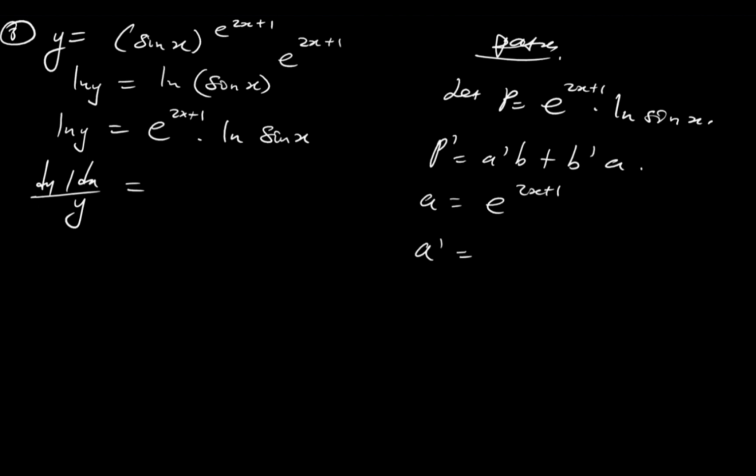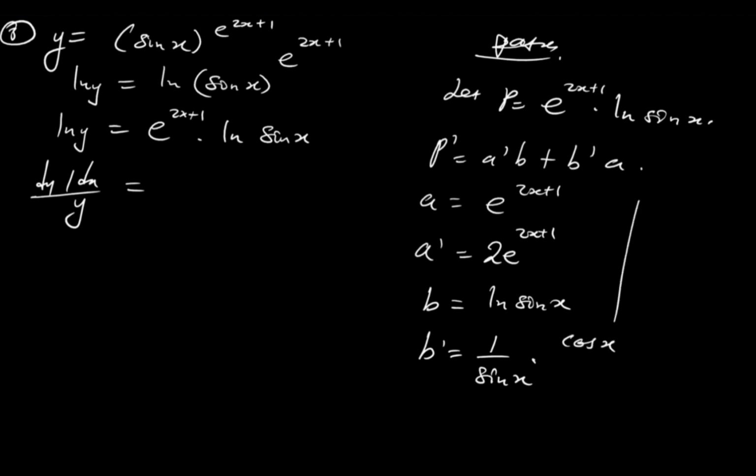I don't really have to show you how to differentiate 2x plus 1 because you can just apply power rule there, so you get a 2. So I have 2e to the 2x plus 1. Then for b, you know b is ln sine x. So b prime is simply 1 over sine x, times the derivative of sine, which is cos x.